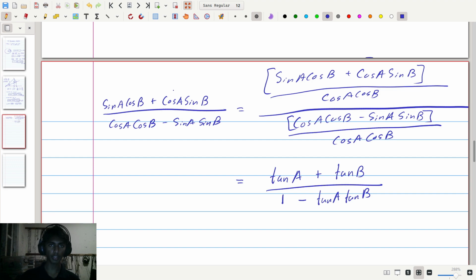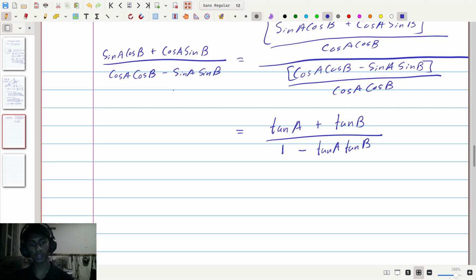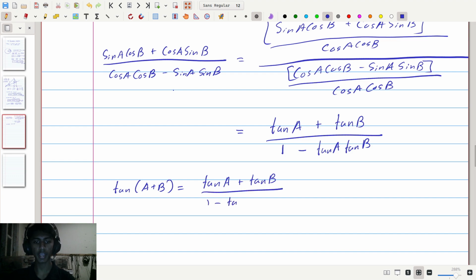And because mathematicians like this format, we will stop here. This is the format that we give for tan of A plus B. So we say the tangent of A plus B in terms of sin A, sin B, cos A, cos B and tan A, tan B is tan of A plus the tan of B divided by 1 minus tan A tan B.